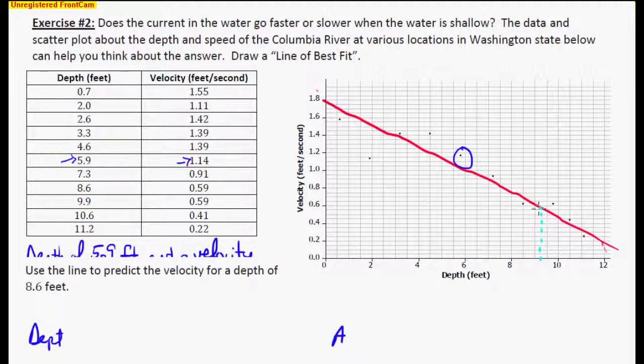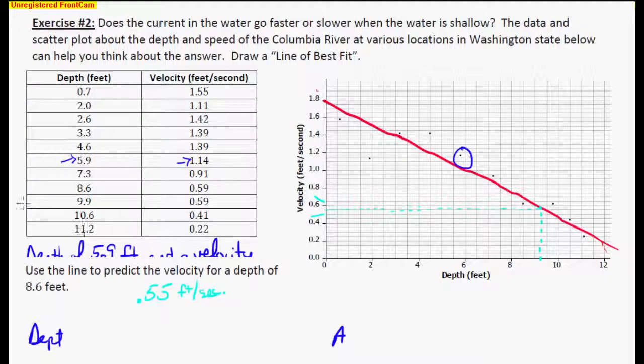And it looks like I hit, again, right on one of these blocks. So I'm going to go all the way over till I hit right there. Okay, and again, this point is 0.5, this point is 0.6, so I'm halfway in between. That would be 0.55 feet per second. Okay, should be a C there.